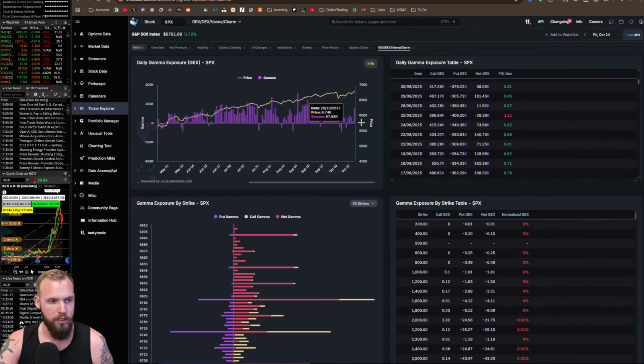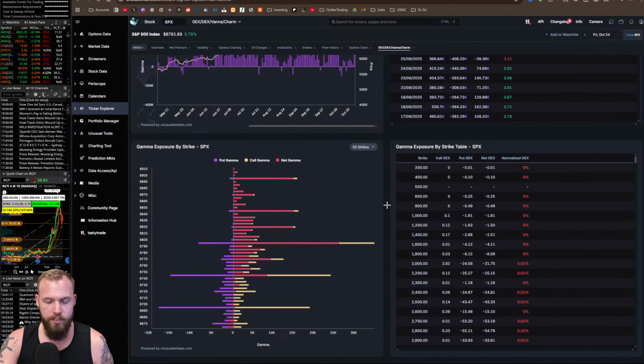That's like a magician, right? A magician says, follow my hand, I'm going to do this thing, and then it's gone, right? That's exactly how a magician tricks people. That's exactly what's happening in your brain with this. You are told that this is supposed to show you areas of congestion, and then you are told that this is going to identify periods where if price gets near these levels, it's going to be either amplified or more mean reverting.